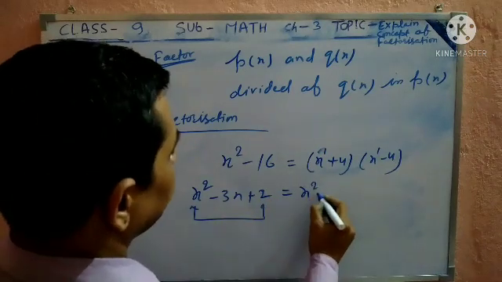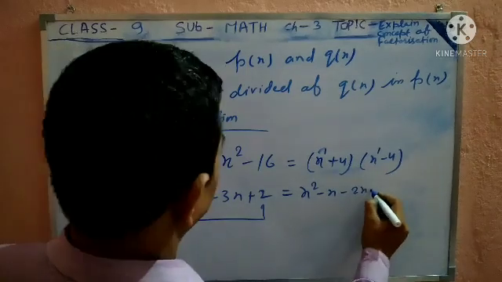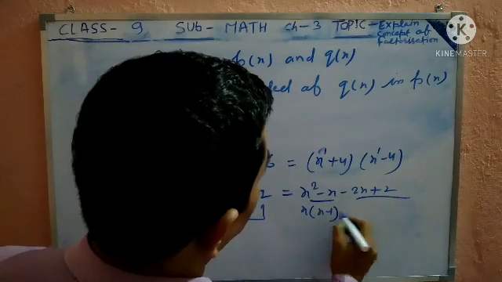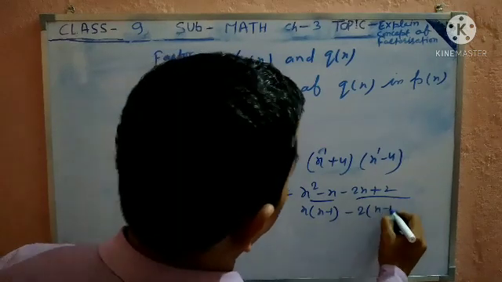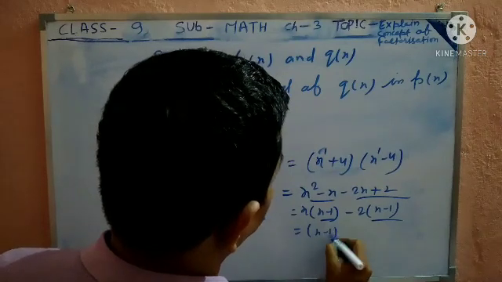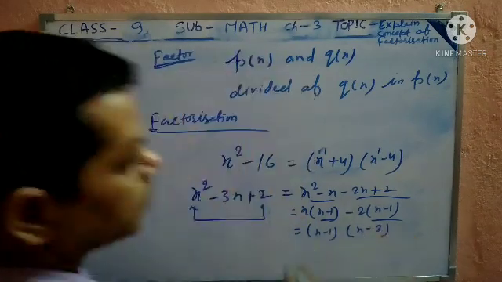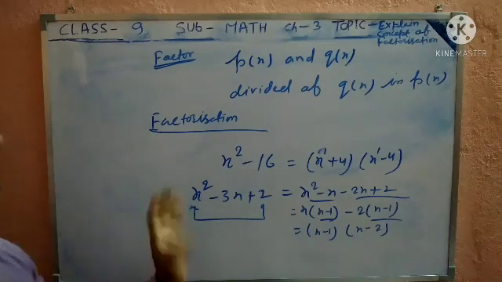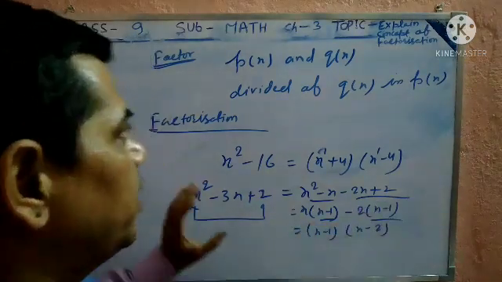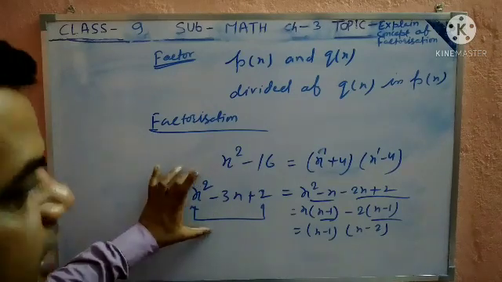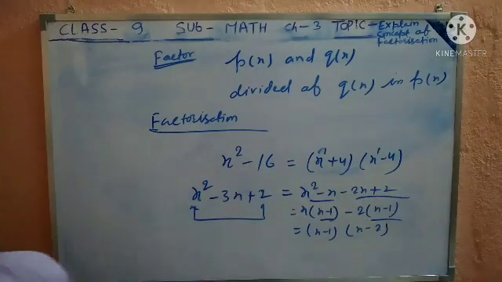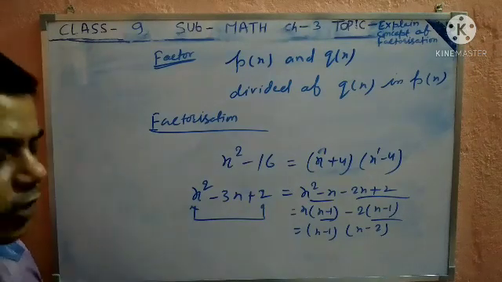So x square minus x minus 2x plus 2 factorizes as x minus 1 and x minus 2 times x minus 1, which gives x minus 1 and x minus 2. So always, when factorizing any term, find it in the lower degree order.